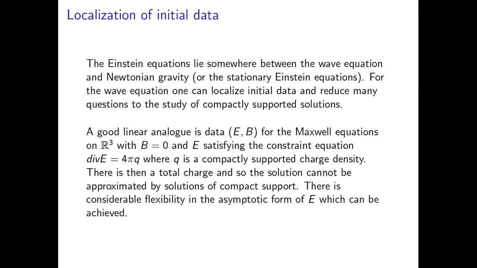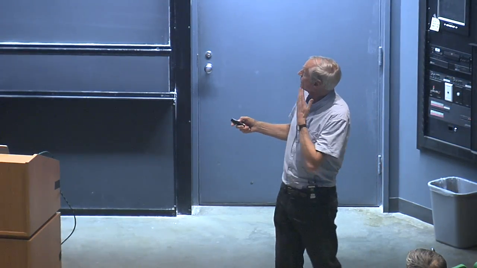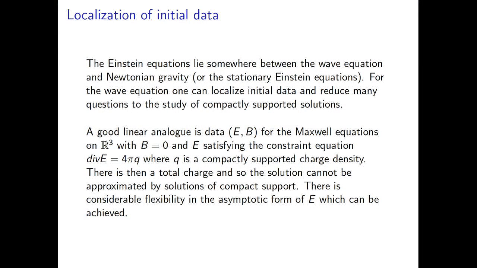Again, in this situation, we can't approximate E and B by data which is compactly supported, because we can't solve the equations in a norm where we keep the charge density the same or close on a compact set. On the other hand, for this equation div E equals 4 pi q, there's still a lot of flexibility in what asymptotic conditions you could expect. You can't make them compactly supported, but you can do lots of things with the asymptotics.